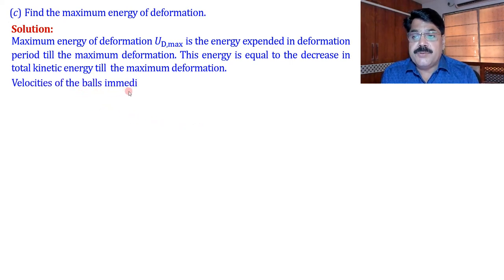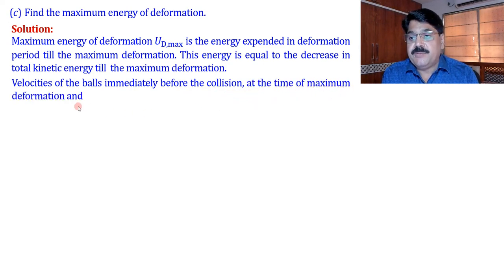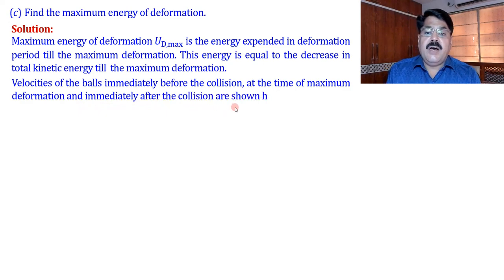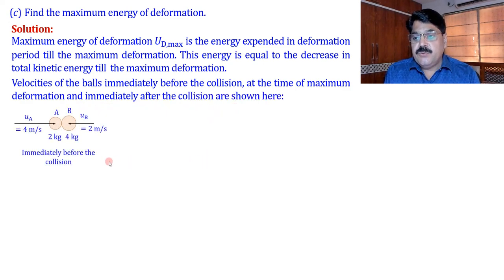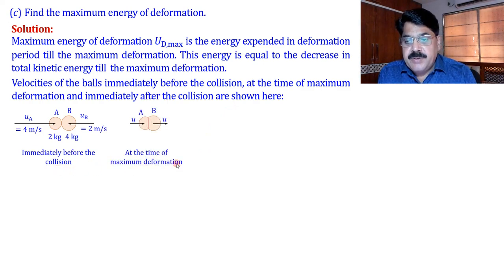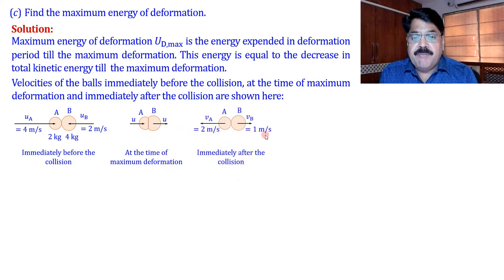Velocities of the balls immediately before the collision, at the time of maximum deformation and immediately after the collision are shown here. Immediately before the collision, and at the time of maximum deformation both the balls have the same velocities, and immediately after the collision we have obtained one here, and this 2 in reverse direction is given.